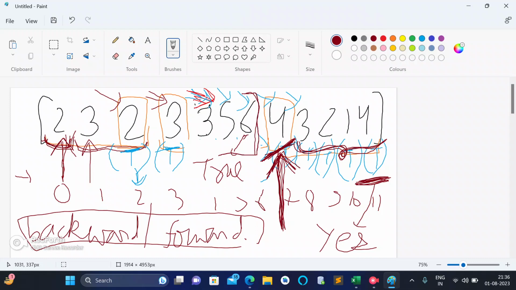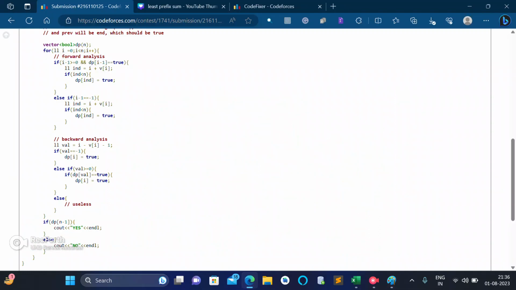Because if this is the length, it means there is some section which should end there. There must be some section which should end here.